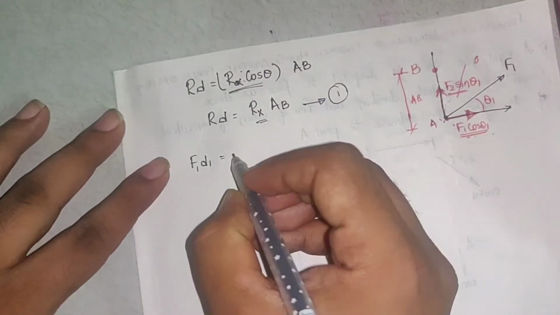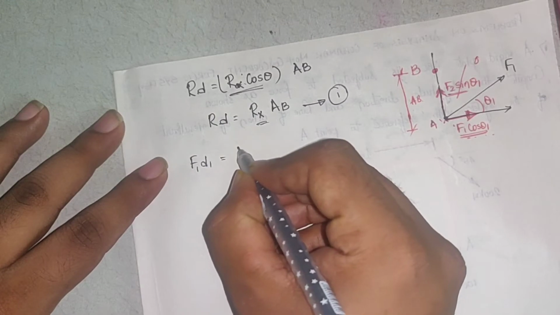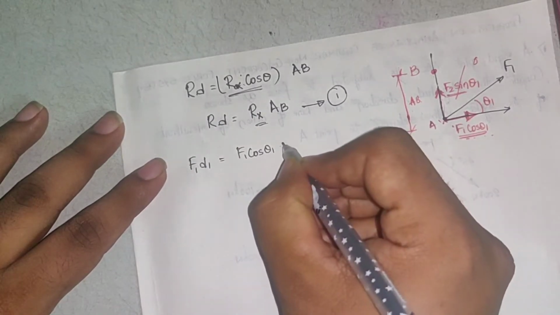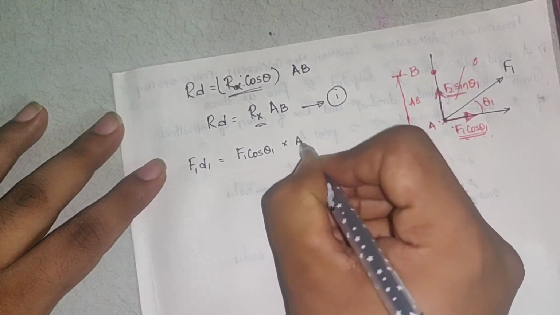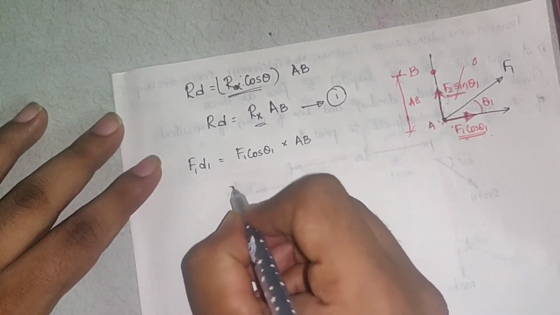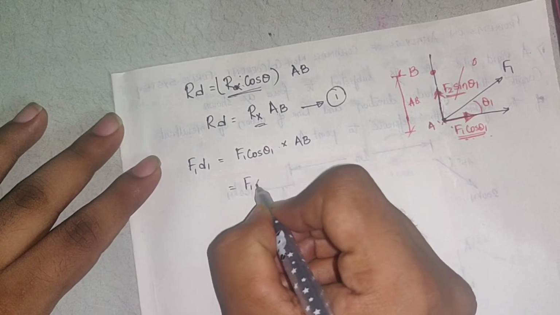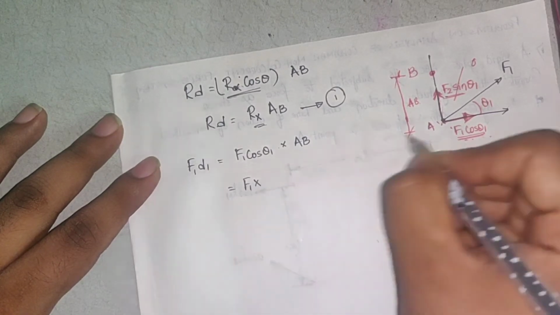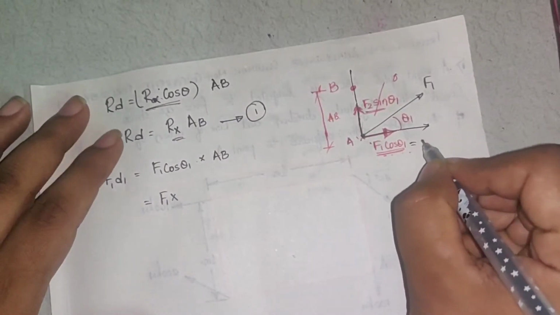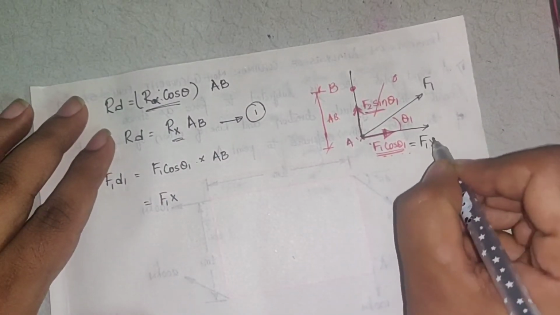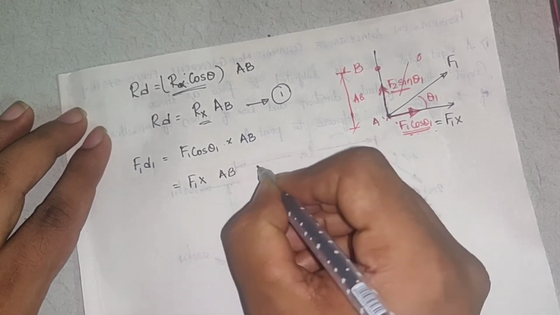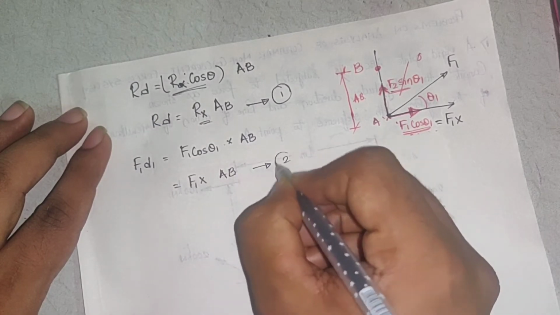So F1 into D1 will be F1 cos theta 1 into AB, or I can write this as F1 into X1, or F1X, because it is acting in the horizontal direction. So I'll call this F1X into AB. This is equation 2.